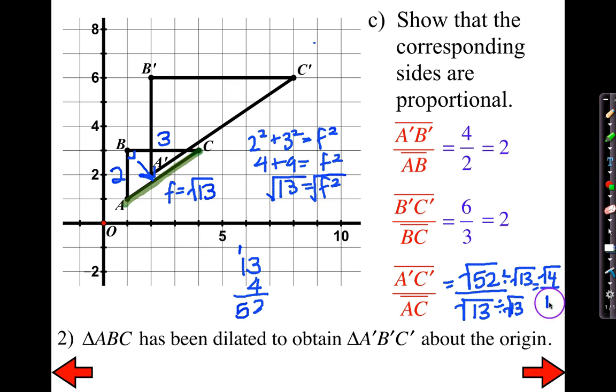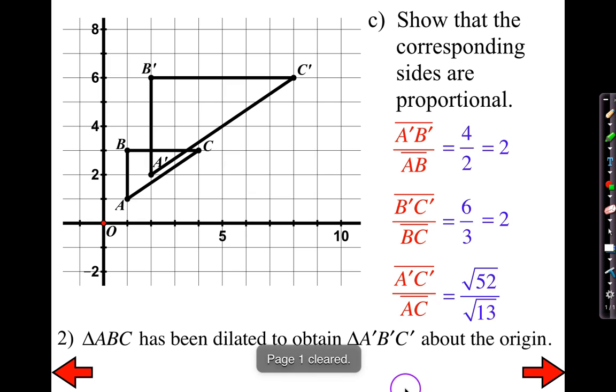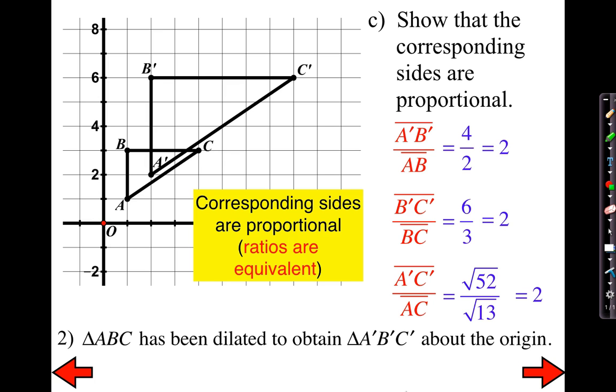Here, the square root of 4 is 2, so I'm going to be left with 2 over 1, which is just 2. Here's proof that they are proportional, okay? So there's proof right there that the corresponding sides are proportional, and the way you prove it is by showing that the ratios are equivalent.